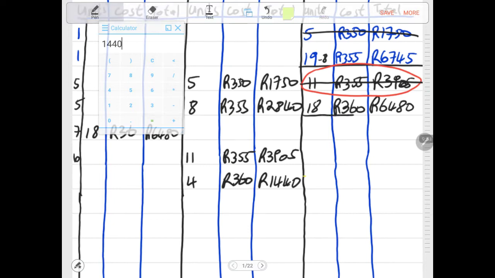That means now our balance of our inventory becomes 14 units because it would have been 18 units minus the 4 units, meaning 14 units will be inventory left at 360. So now we say by 360 to get to our balance of 5,040 rands.